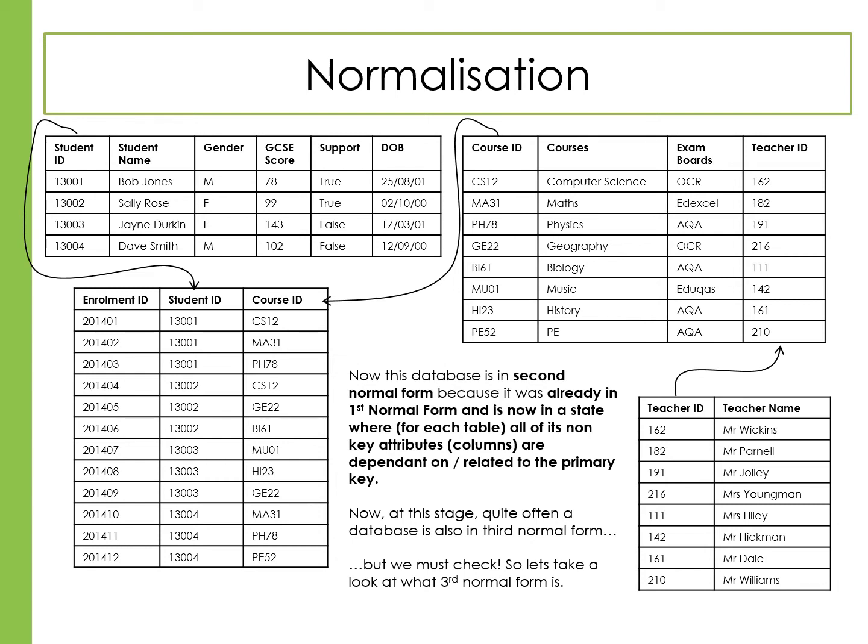Now, sometimes it can be thought that at this stage, a database is in third normal form. But we need to check about if it is in third normal form.